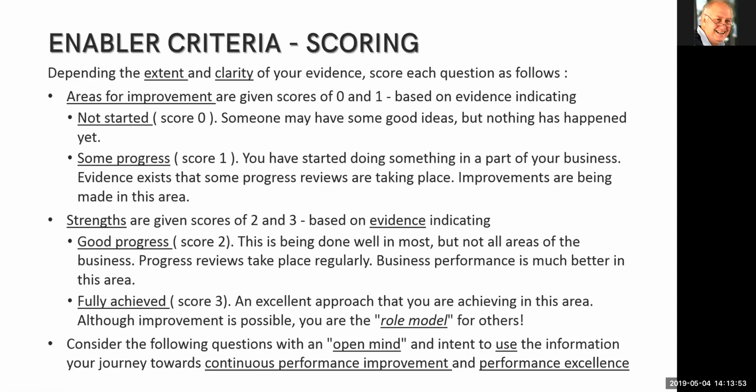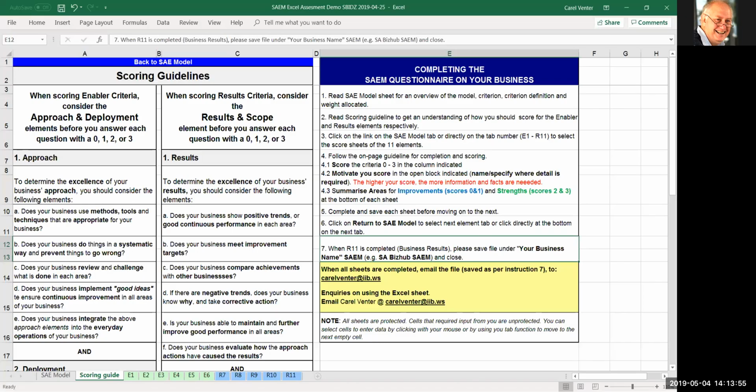Then on the other hand, you have the results criteria, where we look at the result and the scope. So ask the questions there. Does your business show positive trends? And I'll show you something quickly about trends just now. Or good continuous performance in the area. Does your business meet improvement targets? Does your business compare achievements with other businesses?